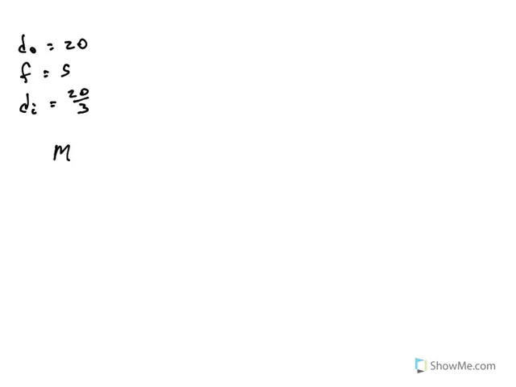And if you remember the equation for magnification, magnification is minus DI over DO. So, minus 20 over 3 divided by DO is 20. Stick this in your calculator or do the little math. This turns out to be minus 1/3. So that's the magnification.